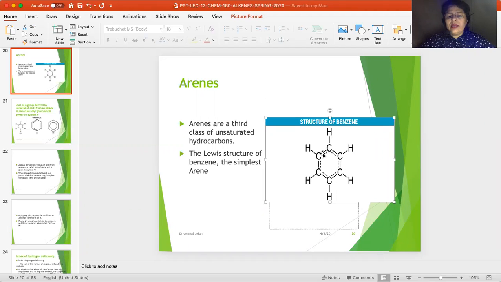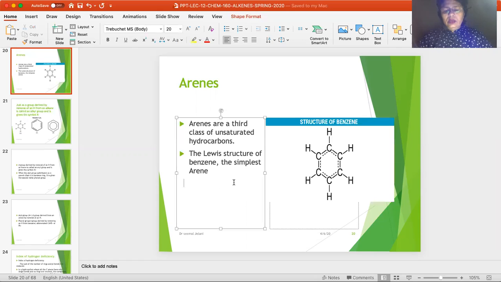Look at this cyclic structure, 6 carbons, and there is one dotted line, which means that there are 3 double bonds which are delocalized. They are not static to one position, but they are moving. They are not localized bonds.